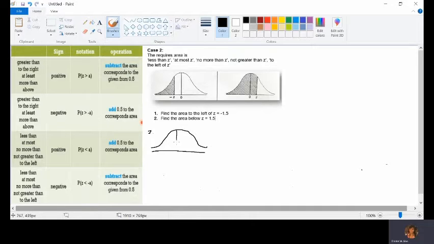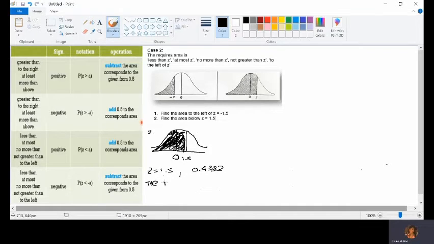This is your normal curve, 0.5. And let's say this is our z value, that's 1.5. It says below. Okay. So this will be your shaded region. And the area that corresponds to z equal to 1.5 is 0.4332.